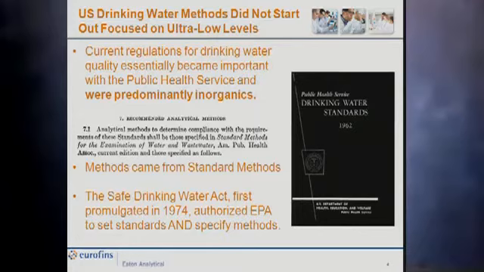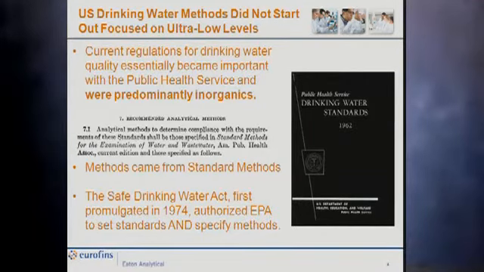The current regulations for drinking water really began with the Public Health Service going back into the 40s and even beyond that, and the principal basis for initial U.S. drinking water standards was the Public Health Service standards of 1962, where the methods were predominantly inorganics and limited microbiology, and all of those methods came from Standard Methods for the Examination of Water and Wastewater, which dated back in its first edition to 1905. So everything really has a long history.